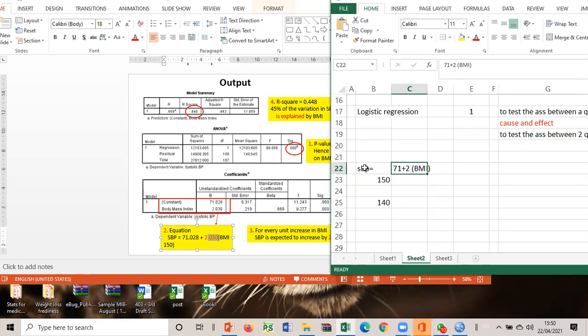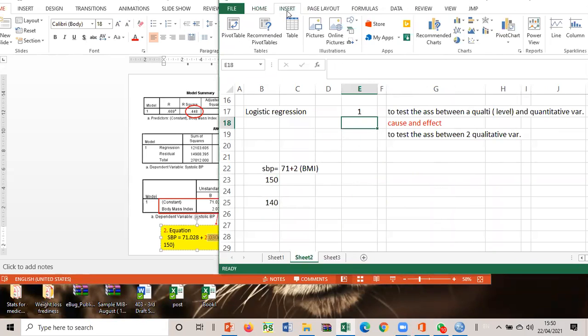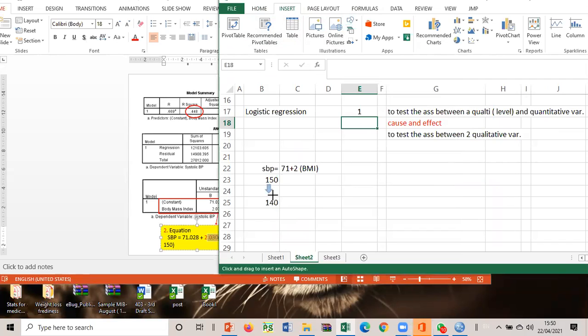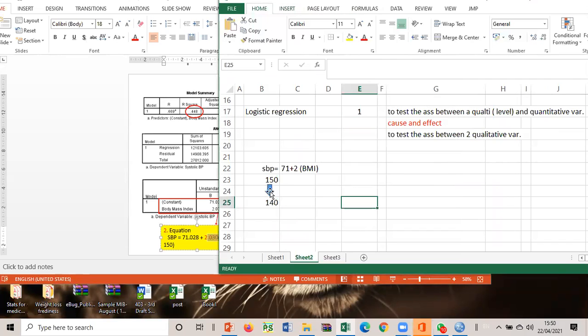Knowing this, how to bring it down? By reducing the BMI. How much BMI must you reduce?